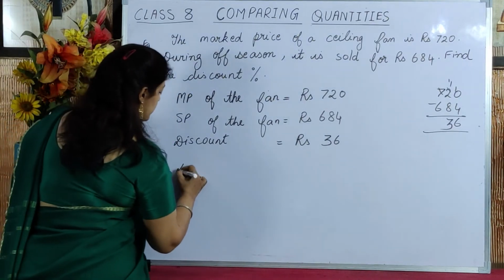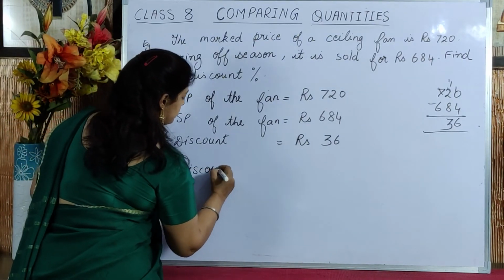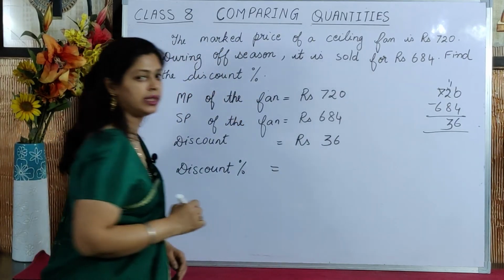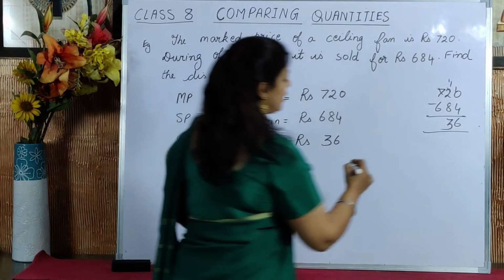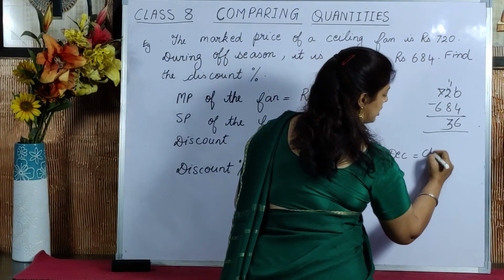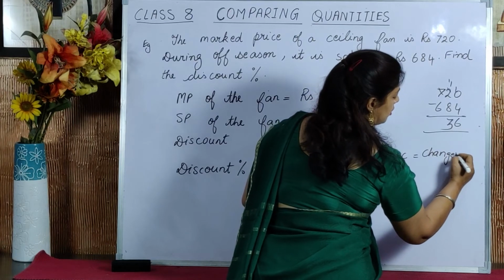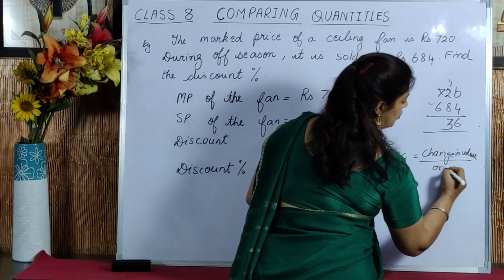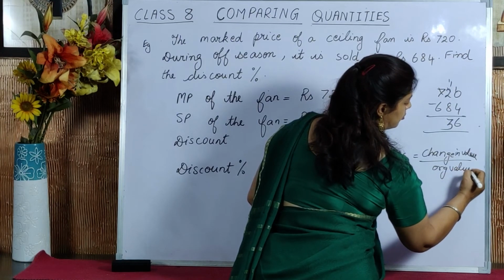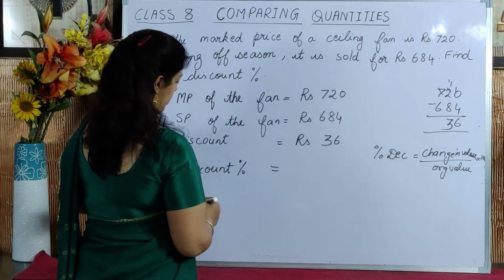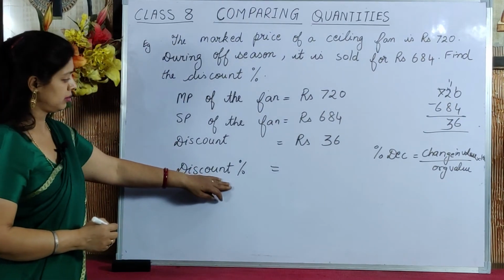So what will be the discount percent? If we compare this to percentage decrease, we had calculated percentage decrease with what formula? It was change in value upon original value multiplied by 100. So similarly, discount percentage will be what?